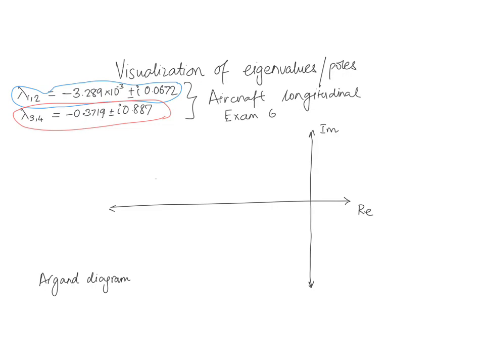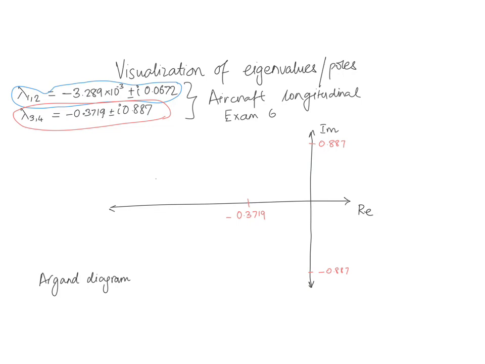It has a real part of negative 0.37. So let's say this is roughly negative 0.37, and I'm quickly going to run out of room. And not to scale, but let's say this is plus or minus imaginary 0.887.